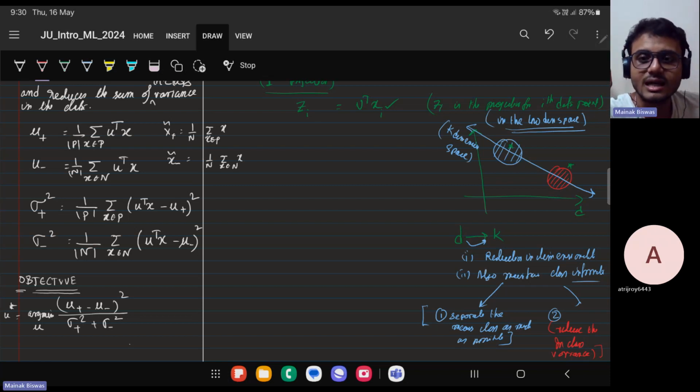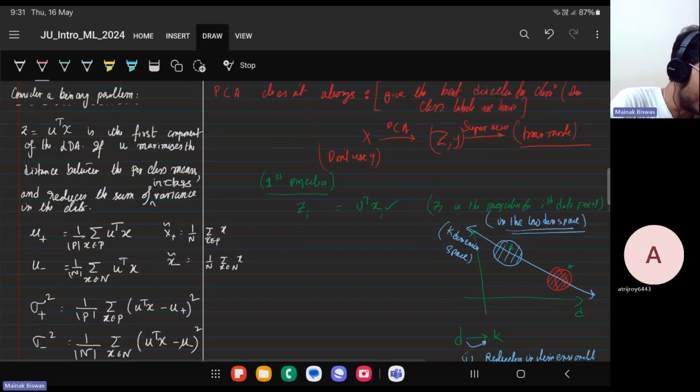You try to reduce the in-class variance, so you want to make each cluster shrink more and more as much as possible. Then you will actually be increasing the separation between the means also, right? Do you agree?